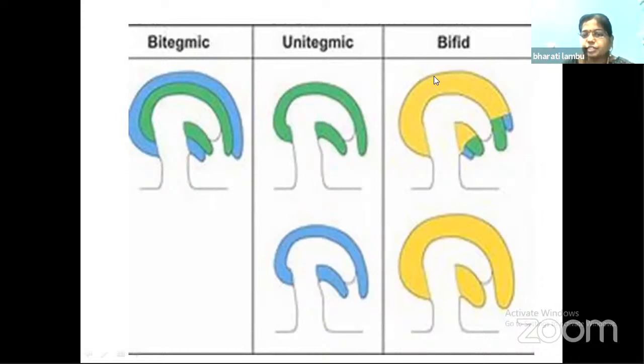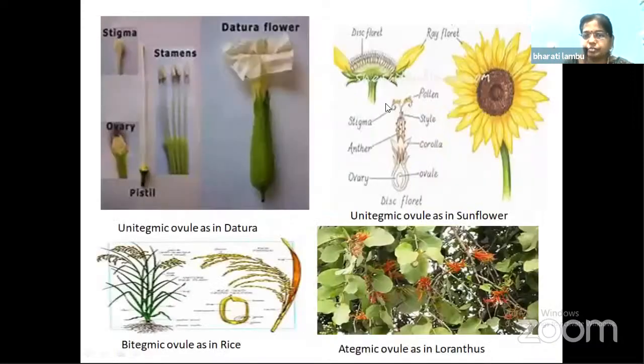If you see this bifid, that means both the integuments are covered by again another layer. It is called bifid. This is not there in your syllabus, so you can avoid it. For example, Datura contains a unitegmic ovule and Datura belongs to the family Solanaceae. So in Solanaceae, the ovule will have only a single integument.